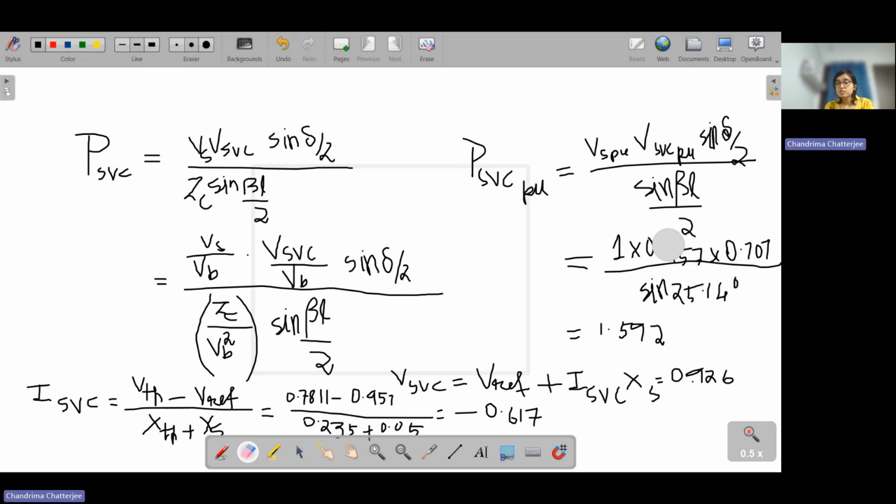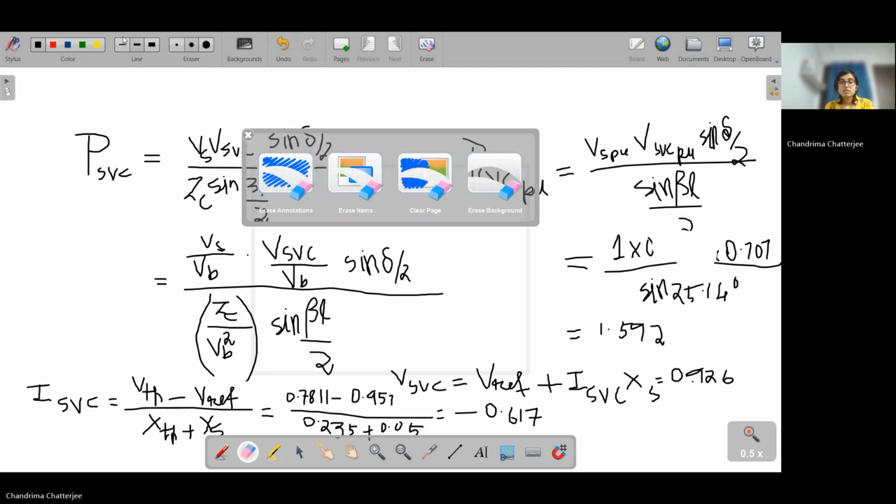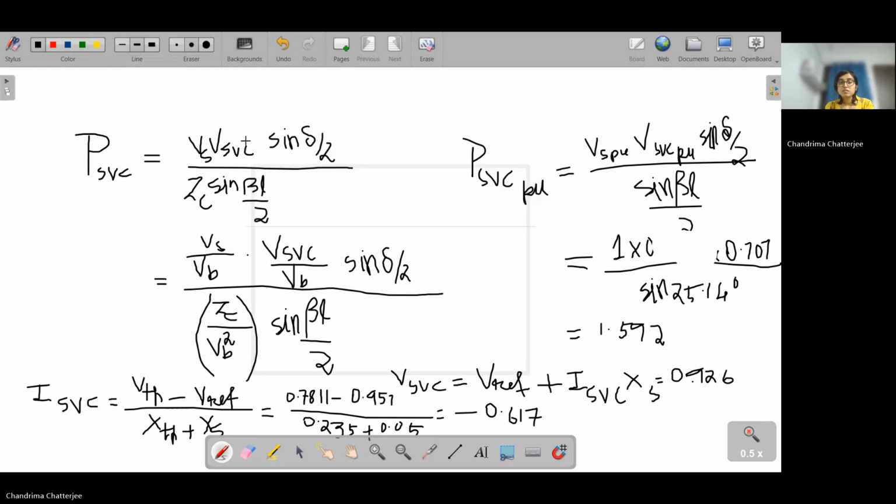So this is 0.926. The rest of the things will remain the same.